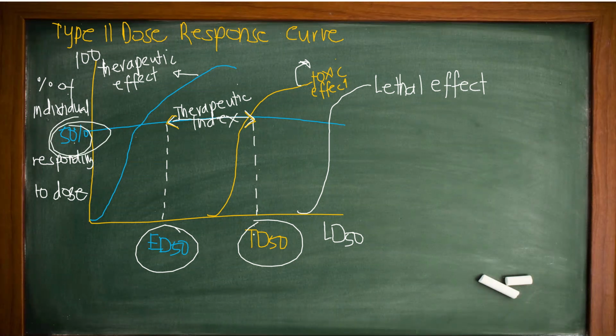Your TD50, that is the toxic dose where 50% of the population experience toxic side effects. And your LD50 is the lethal dose where 50% of the population responded lethally or died. Again, therapeutic index is the ratio between the toxic dose and the therapeutic dose of a drug.